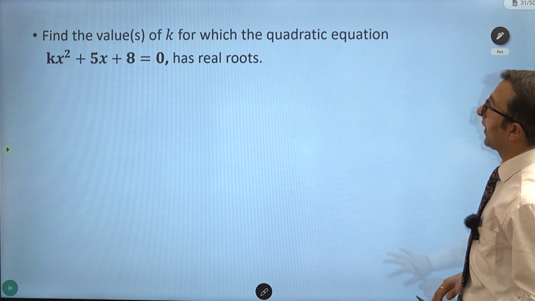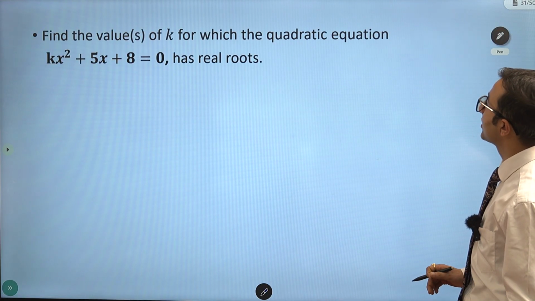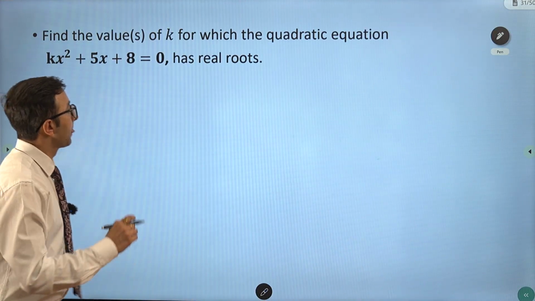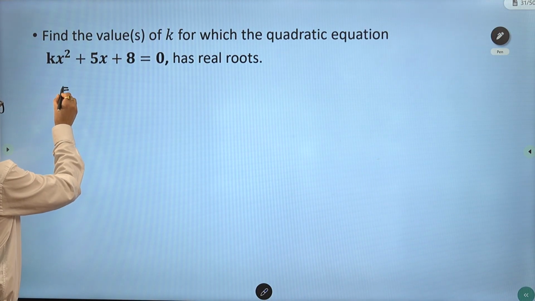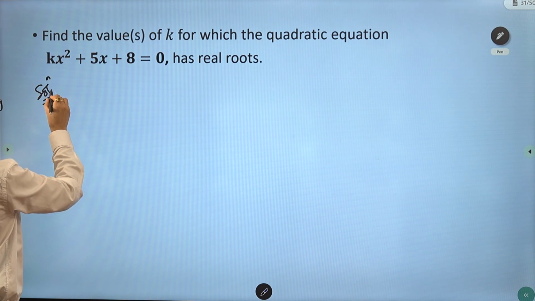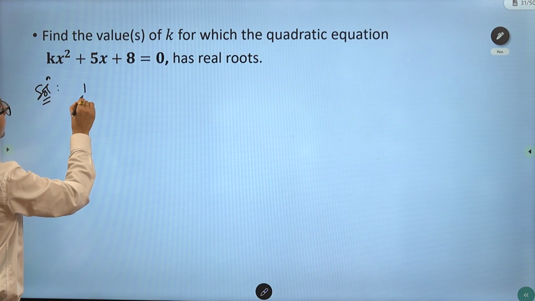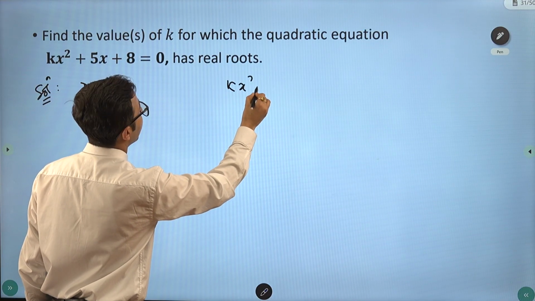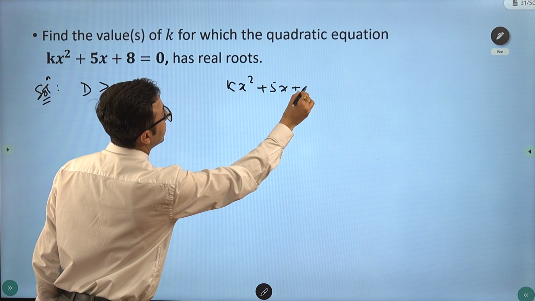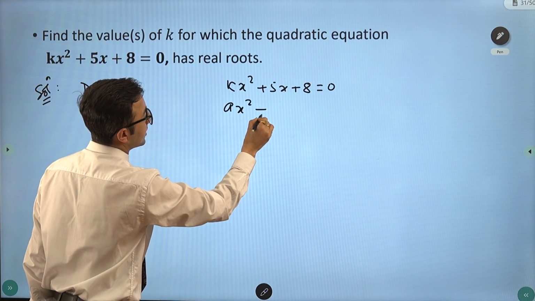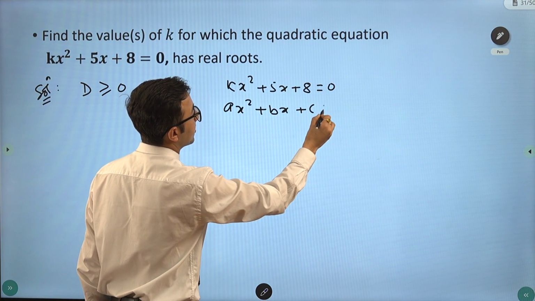Now next, find the value or values of k for which the quadratic equation has real roots. Again, we will solve it. Solution. For this, you know that the discriminant should again be greater or equals to 0. Same, compare kx square plus 5x plus 8 is equals to 0 with ax square plus bx plus c is equals to 0.